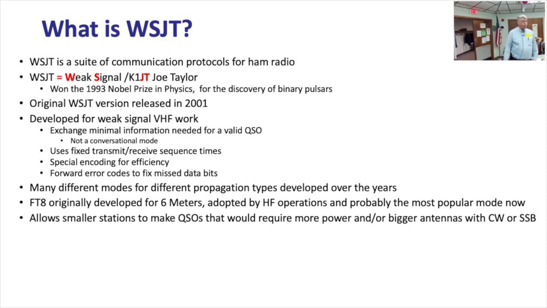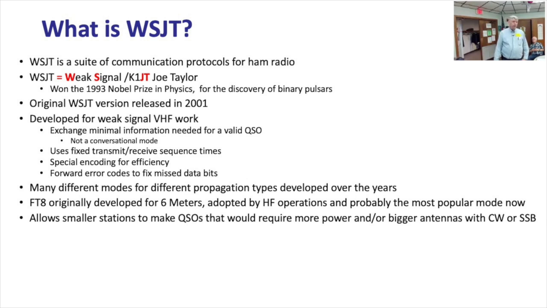Originally, this was all designed for weak signal work on VHF. The very first two modes that came out in 2001 were for meteor scatter and moon bounce, which are two modes that are very difficult. And this really lowered the bar for what it would take because of the technology that's involved. When you're doing those kinds of contacts, it's very difficult.